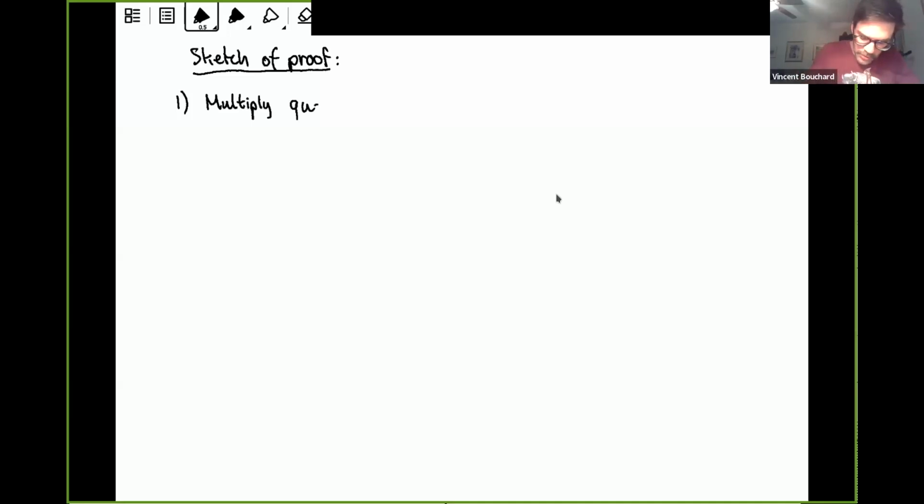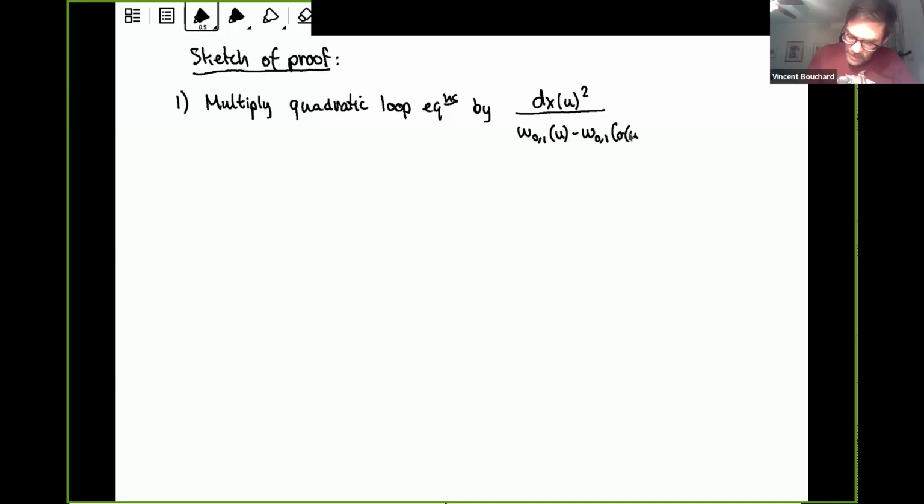So the first step is to multiply the quadratic loop equation. This is the interesting one in many ways. This is where the recursive structure of topological recursion appears. So you multiply the quadratic loop equations by this particular object. Why you want to do that is basically because this is what's going to work.